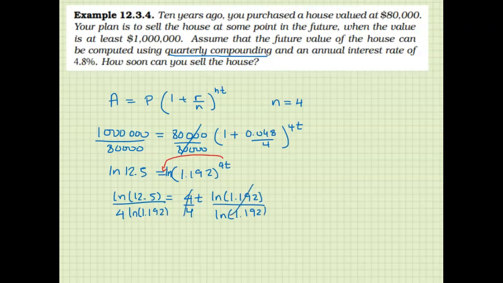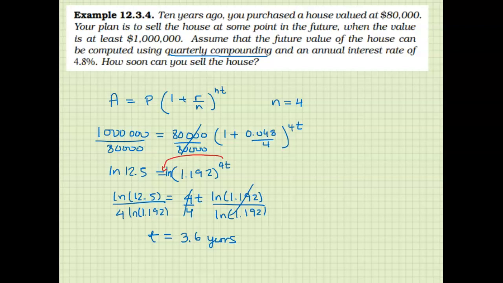All right, everything here cancels. We get t equals, calculator time, log of 12.5 divided by log of 1.192 divided by 4. t equals 3.6 years. All right, let me check on that.